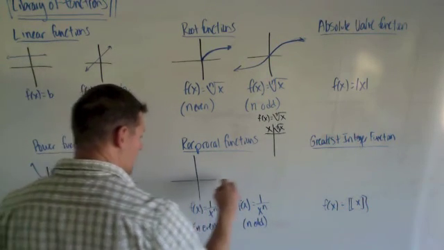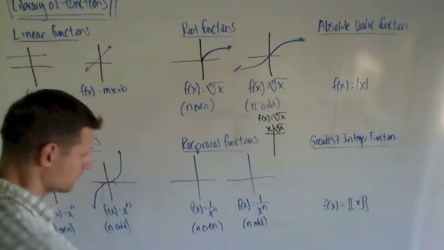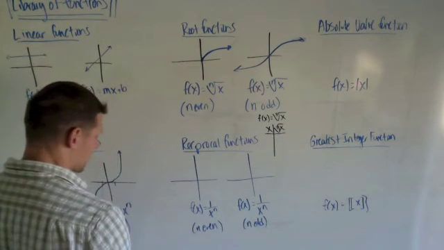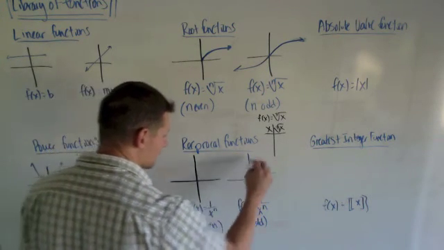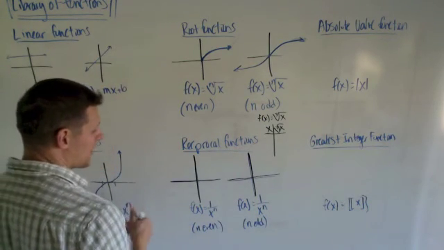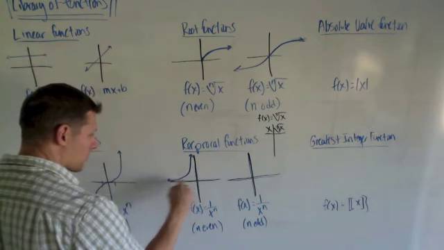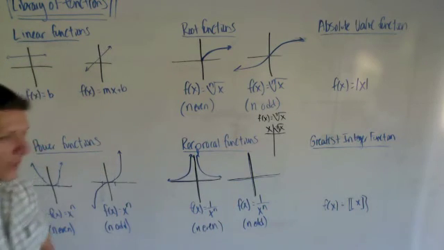When n is even, I actually call it the Atari function, because, you know, it looks like the Atari symbol. So when n is even, this thing's going to be asymptotic to both the x-axis and the y-axis, and it's going to look something like that.